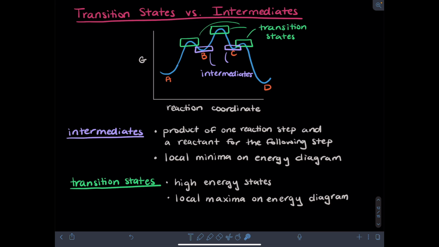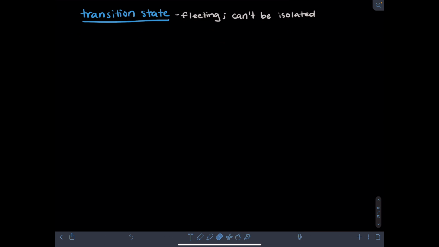One step to go from A to B, a second step to go from B to C, and a third step going from C to D. These transition states, or local maxima along the pathway, are fleeting. They only exist for a fraction of a second, and they cannot be isolated, or often even observed. At the transition state, bonds are being broken and formed.